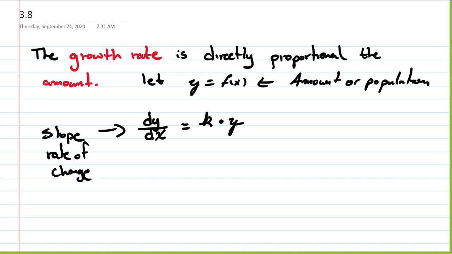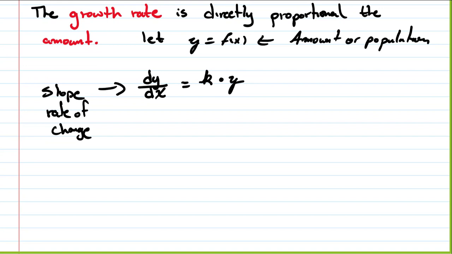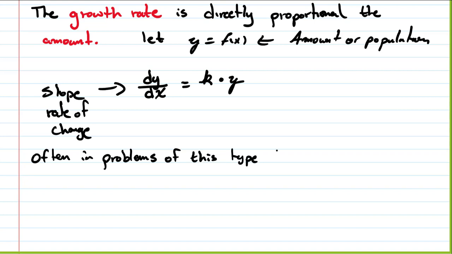This says that the growth rate is proportional to the output of the function at every point, right? So it says the growth rate is some constant multiple of the y value for all of these things. So often in problems of this type, the independent variable will be time.